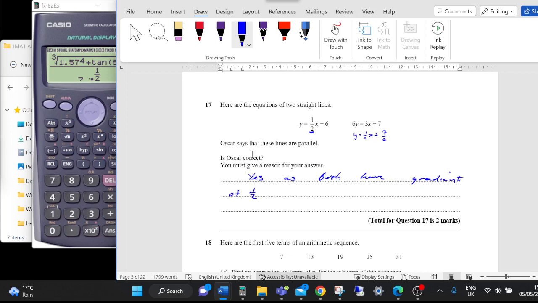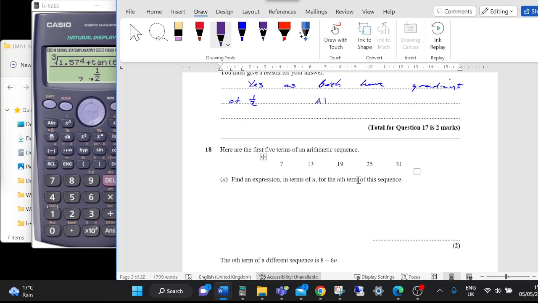The marks are an M1 for showing this rearranged equation, and then an A1 for this line. Yeah, and that's it.